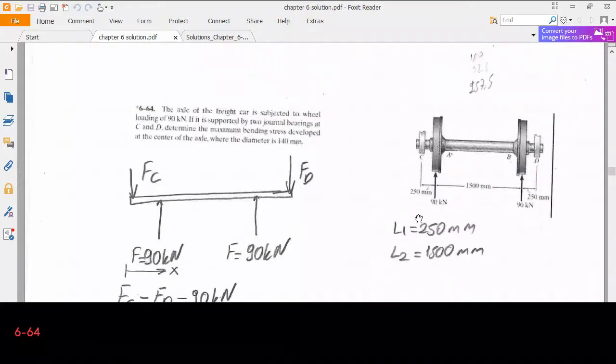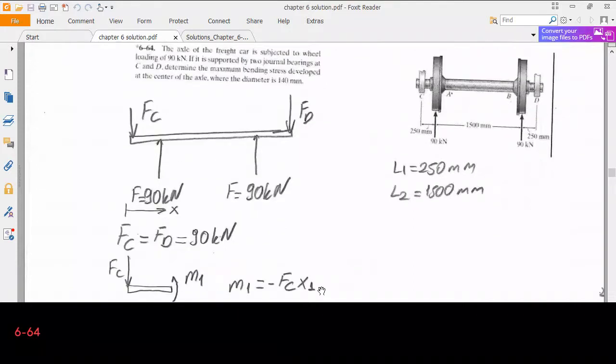You can choose either side. Either you can begin from C or begin from D. Of course, I begin from C. I put my origin, my reference point, at the point C. Therefore, I will make the first cut between C and A. So in this region I have the Fc, I have the bending moment M1 at the cross section.